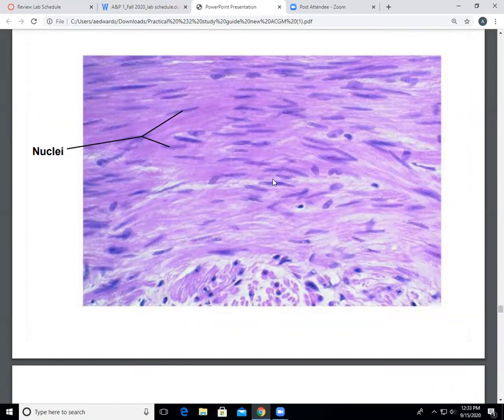So, to summarize, skeletal, cardiac, smooth, all right, so the nuclei per cell.